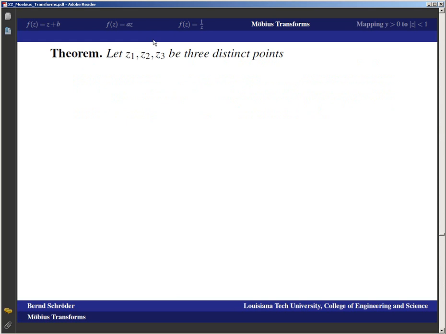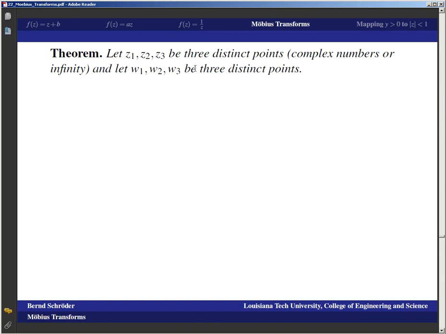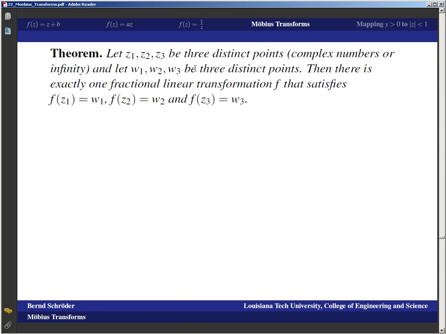Okay, let's take 3 distinct points, and that means they're complex numbers or infinity. And let W1 through W3 be another 3 distinct points, and I claim that then there is exactly one fractional linear transformation, exactly one Moebius transform that satisfies f of z1 equals W1, f of z2 equals W2, and f of z3 equals W3.